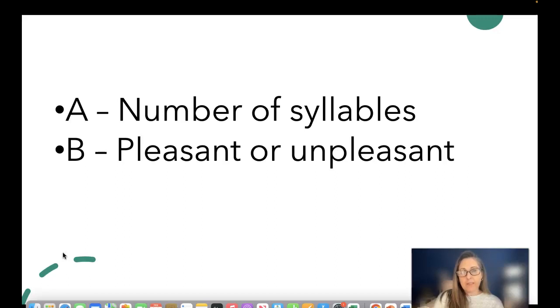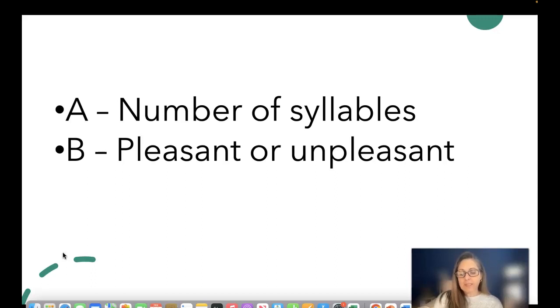Number 11, B, fire. Number 12, B, trail. Number 13, A, soap. Number 14, B, pocket. Number 15, A, pencil. Number 16, B, train.